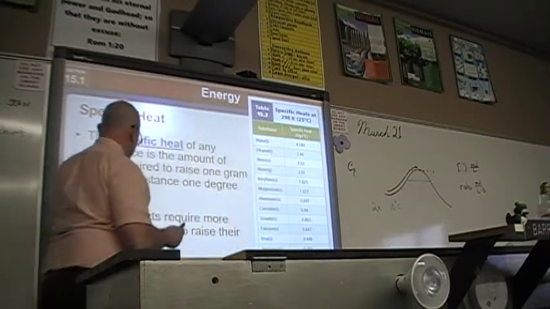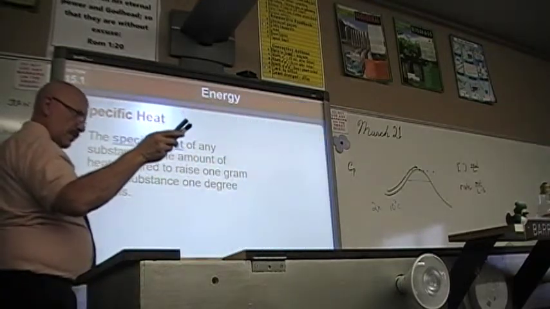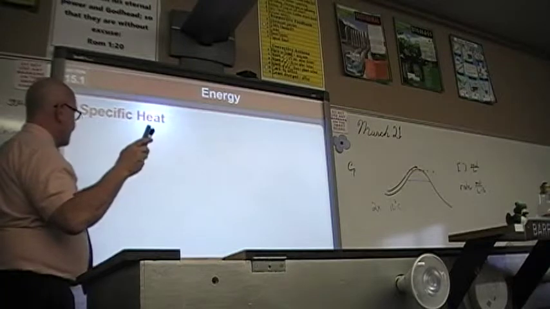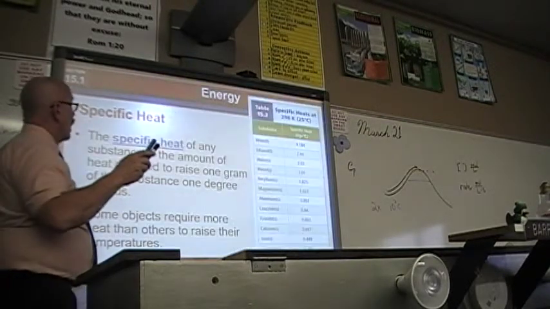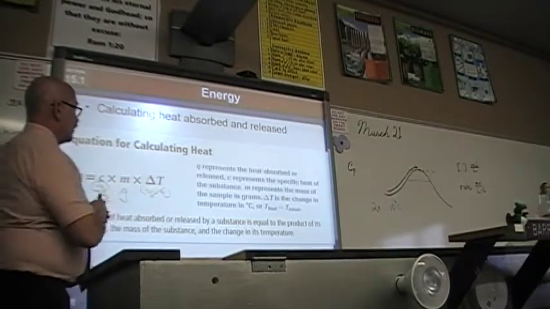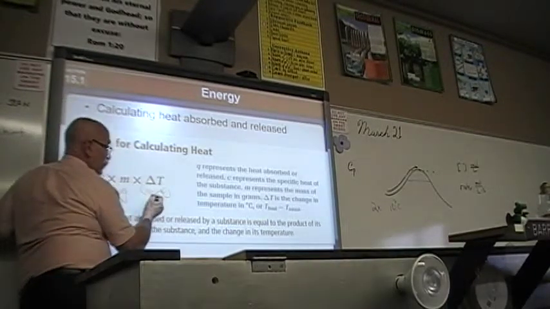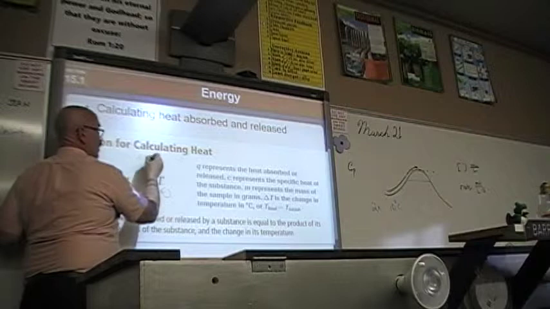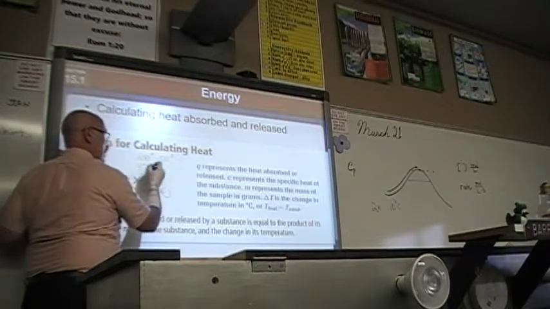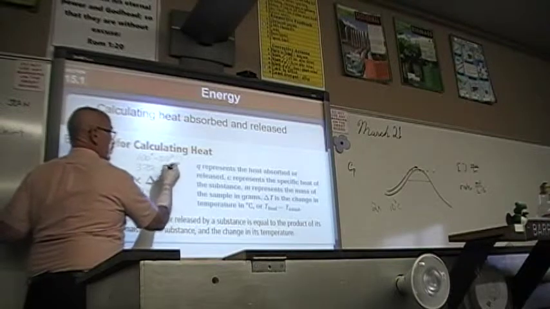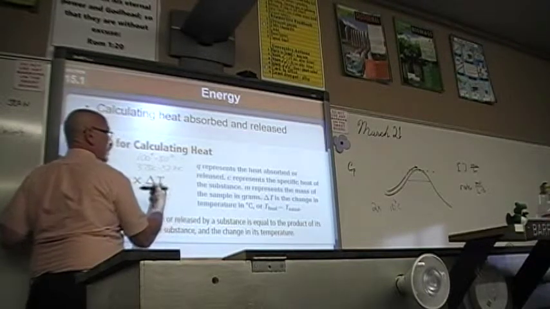Because I'm taking a delta. Remember I mentioned this a week or 2 ago? Yeah, we did some of this. If I take a delta temperature, whether it's 100 Celsius minus 50 Celsius, or whether it's 373 Kelvin minus 323 Kelvin, guess what the number's going to be?